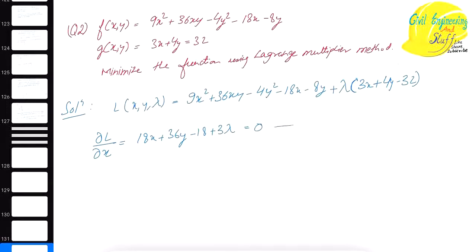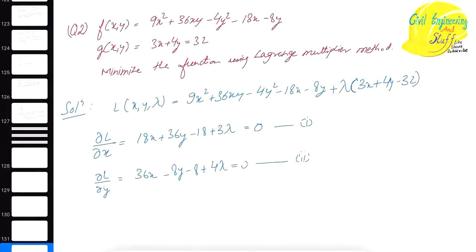Okay, so this is our equation number 1. We'll partially differentiate it with respect to y, and this will be 36x − 8y − 8 + 4 lambda. Again, we'll put it equal to 0, and this is our equation number 2.